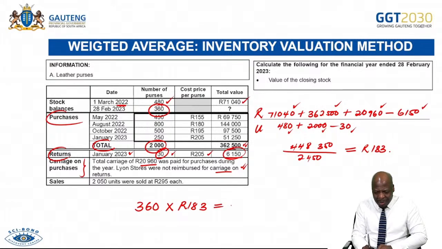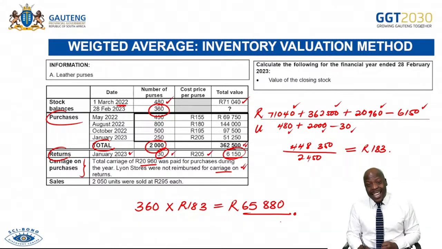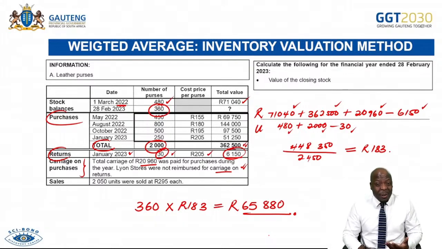What is my total cost, therefore? It gives me 65,880. This therefore becomes the value of closing stock. So we've calculated the value of closing stock using the weighted average method. This is it. This is the value of closing stock.